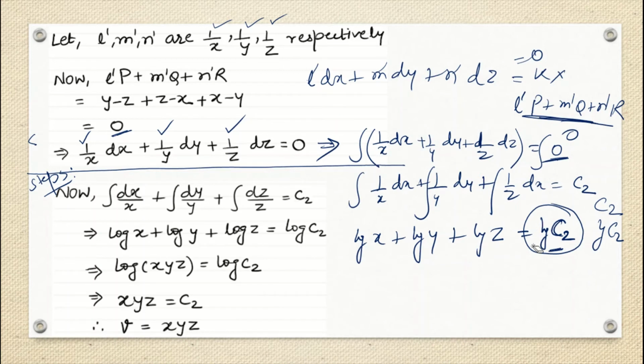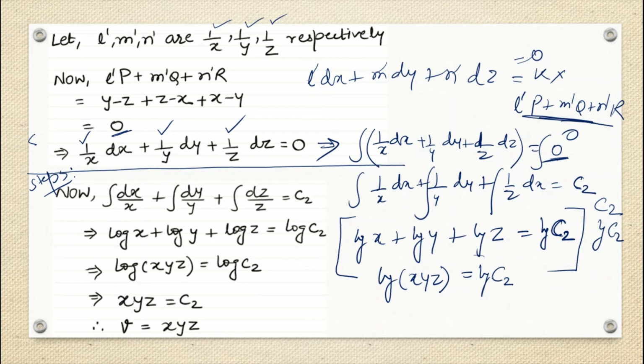The reason for writing log here, not 1 by C2 or 2 into C2 or 3 into C2, is because I want to simplify this equation. Since all these places have log, I'm writing log here. We know that log x plus log y plus log z will give log of x into y into z.